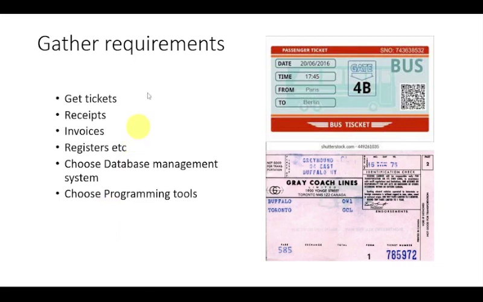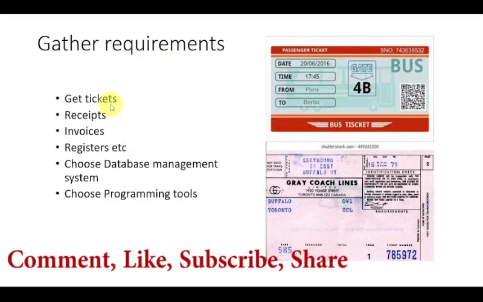Now, in gathering requirements, what usually happens is that we get to the firm and you ask your clients the kind of documents that they have in the office. It could be a register, it could be a ticket, it could be an invoice, whatever could help you understand how that business works. You need to ask questions.